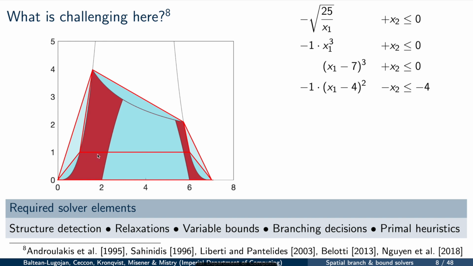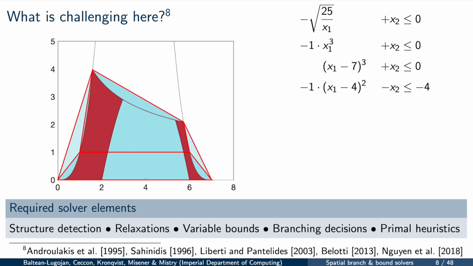Well, what you can see is that even if I was intelligent enough to get the convex hull of the new feasible sets, which, as we've mentioned before, is not an easy thing to do, I still wouldn't get that much of an improvement. There would still be this big blue space in the middle that I would have to search over. So where my branching decisions are is very, very important.